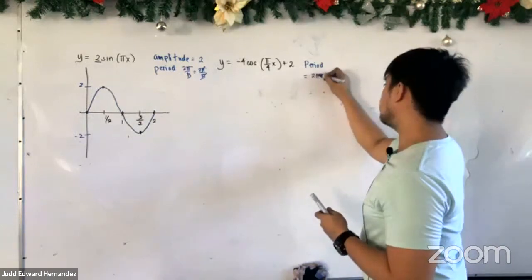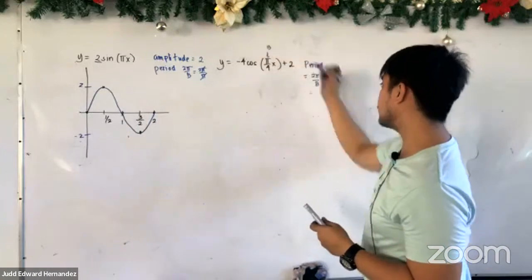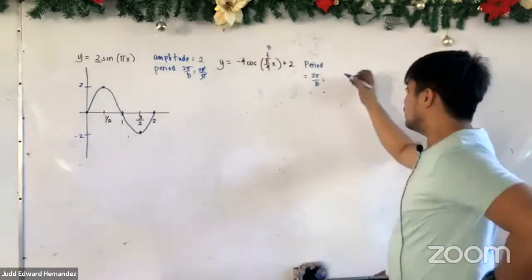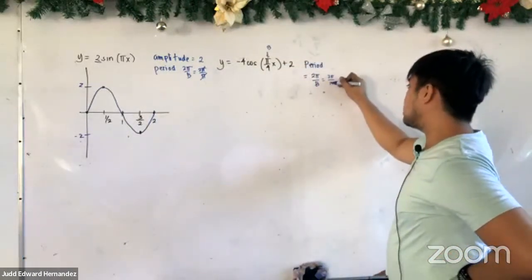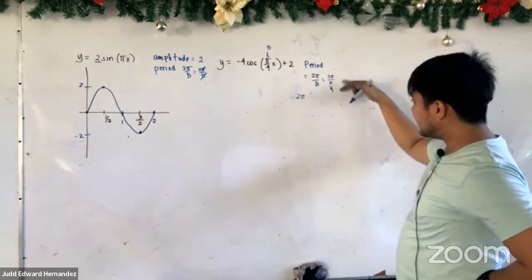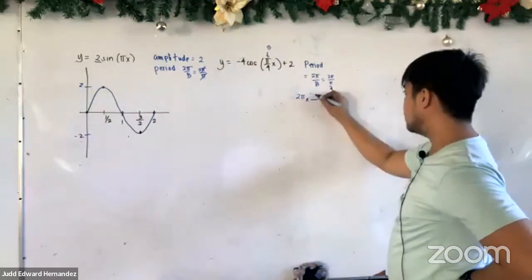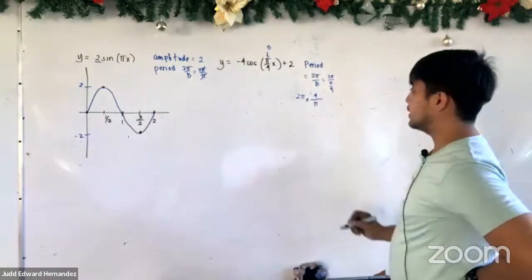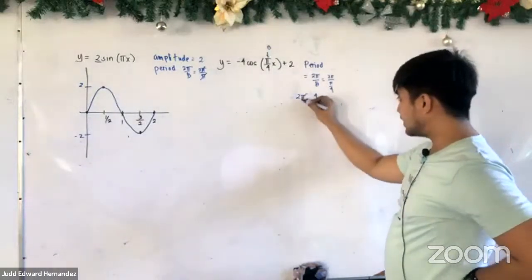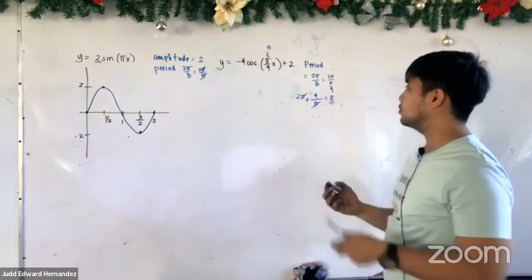That is 2 pi over b, wherein we have the value for b, that is pi over 4. Tama po ba? Opo. Over pi over 4. And we'll be having 2 pi. Balikan natin, since division, gagawin natin multiplication, this becomes 4 over pi. Tama? Cancel pi. 2 times 4, we have 8. May 8 tayo na period.